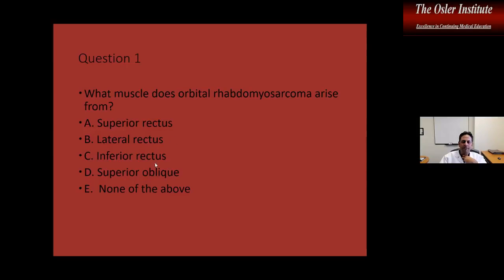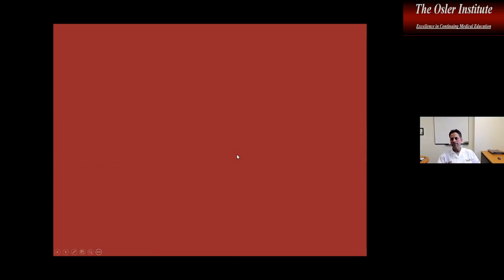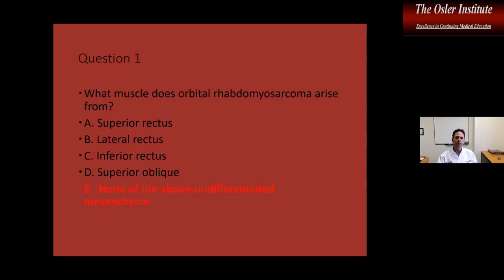Okay, I guess everybody's going with E. Okay, good. All right, excellent. So yeah, as we discussed, it's not from the differentiated recti, it's from embryonal mesenchyme that is somewhere in the orbital fat. So yes, that's what it was.